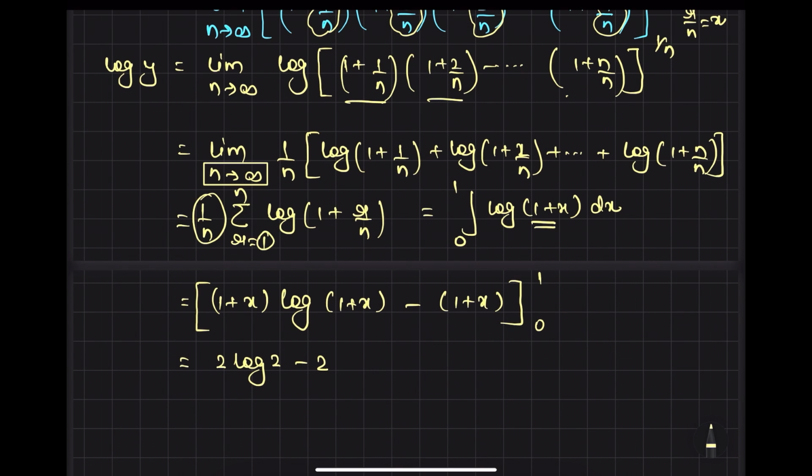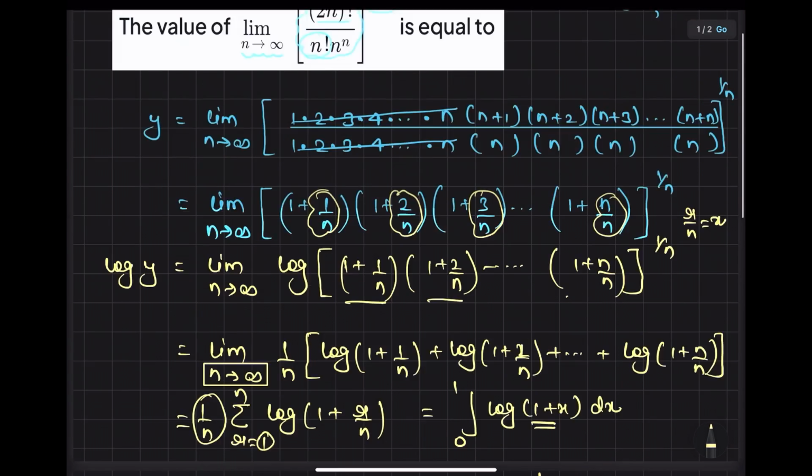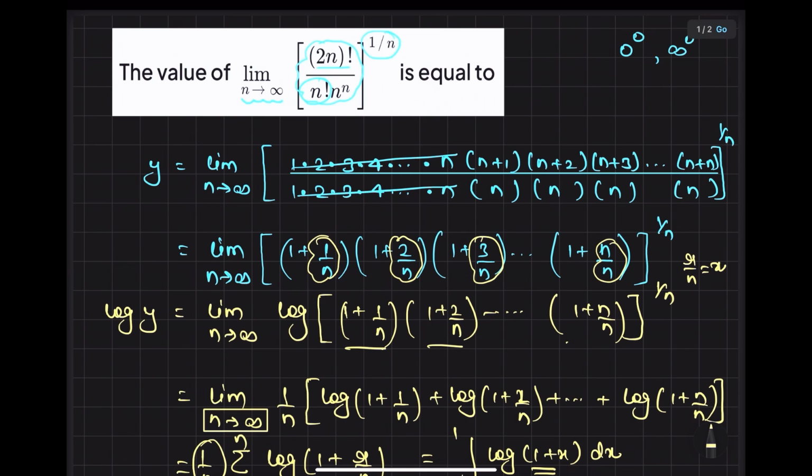And if you put in the lower limit, it will become 1 times log 1, log 1 is 0, and minus of minus 1 will become plus 1. So you are left with 2 log 2 minus 1. This is the required result for the given question.